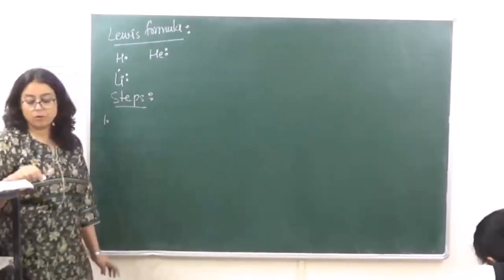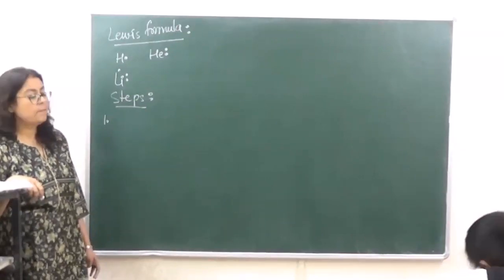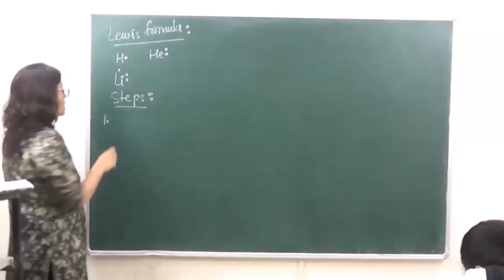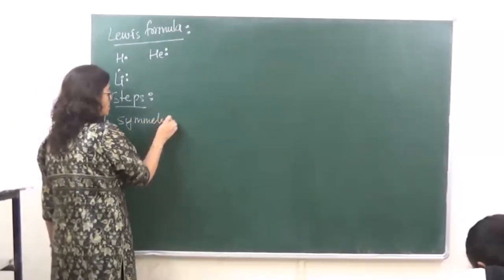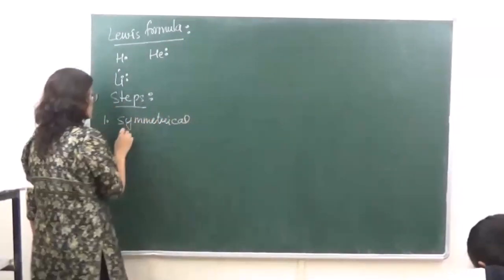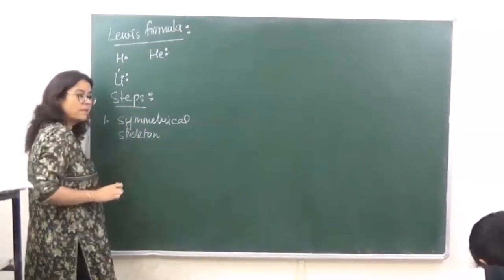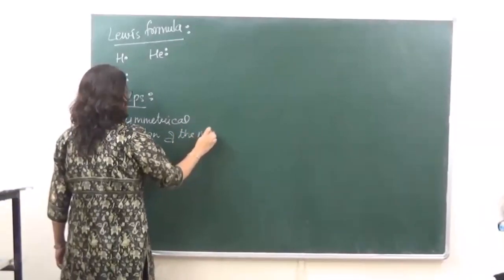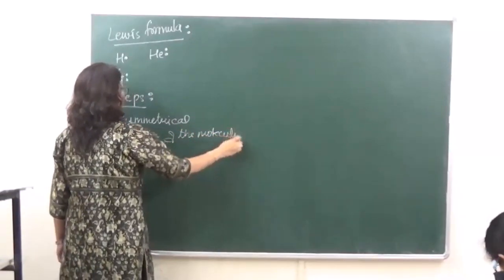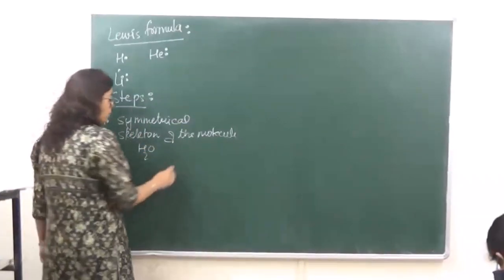The first step of the Lewis formula is that you have to write down the symmetrical skeleton of the molecule. Like we are taking the example of water.